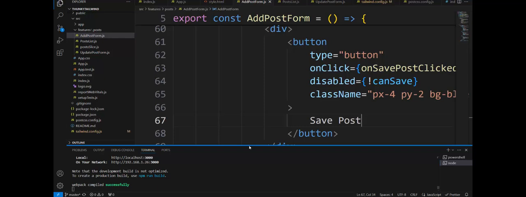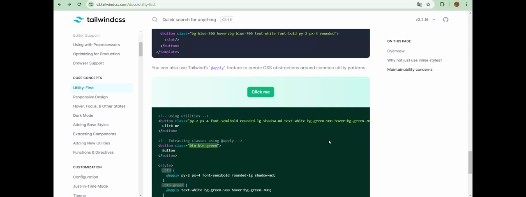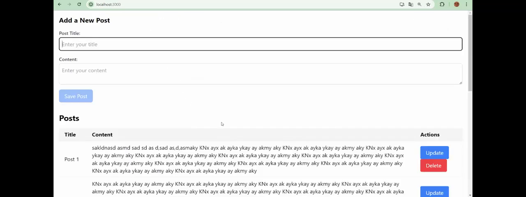And what is Tailwind? Tailwind is utility classes. Utility class first. We use predefined class names in our HTML elements. Of course, here is our application.